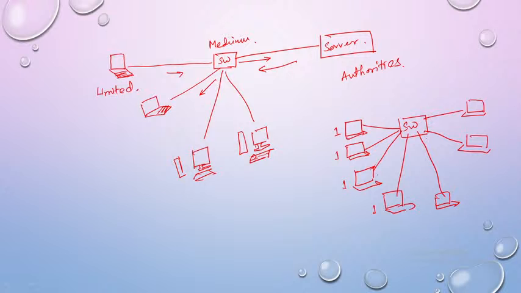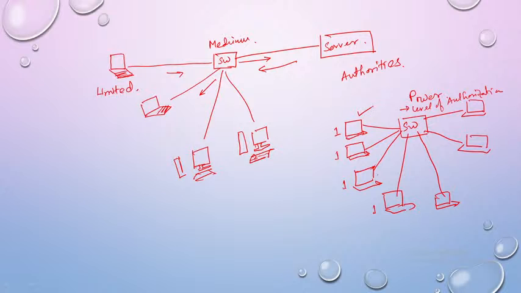Every computer in the network has the same power and the same level of authorization. They are individually standalone computers connected to an internet network or in a local communication.